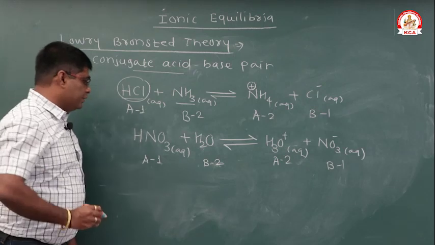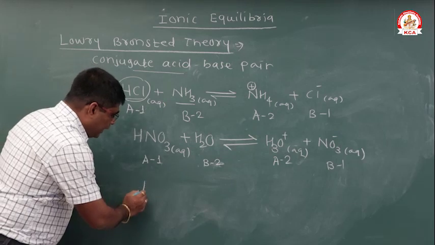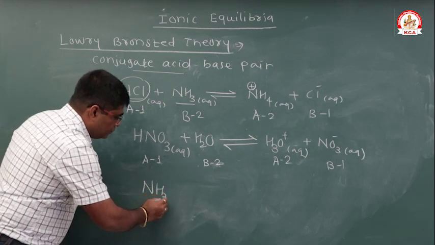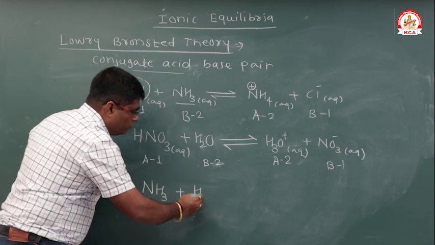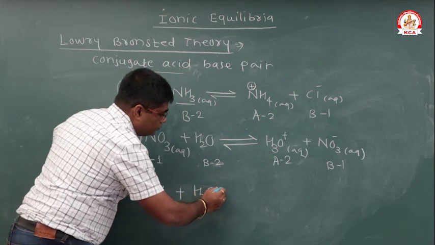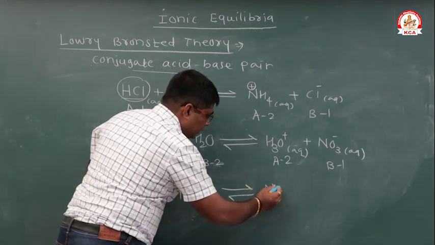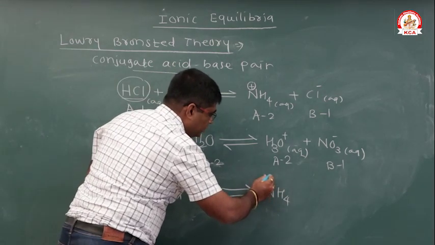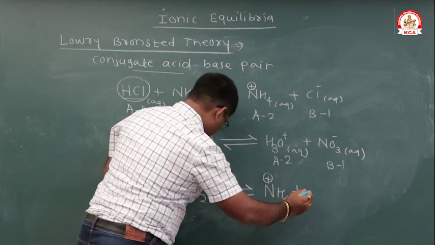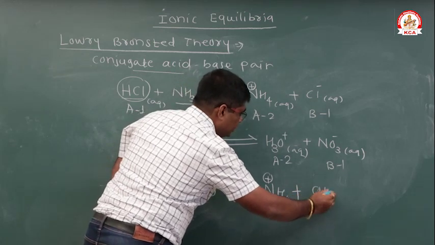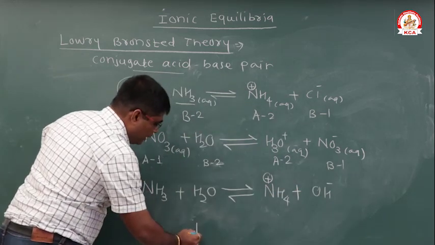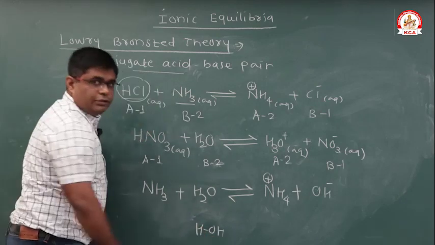Then one more example, that is NH3 plus H2O, then it gives NH4 plus and OH minus. H2O आपण असे लिहू शकतो HOH.